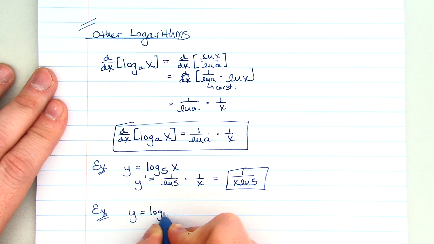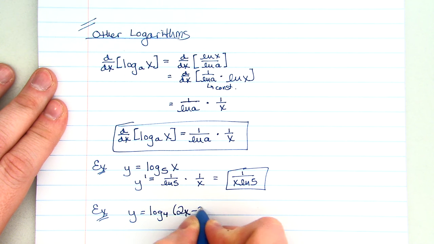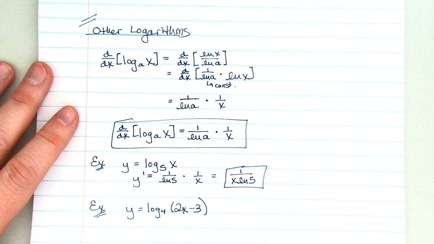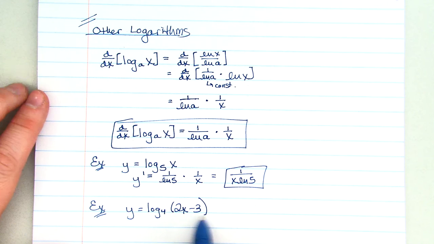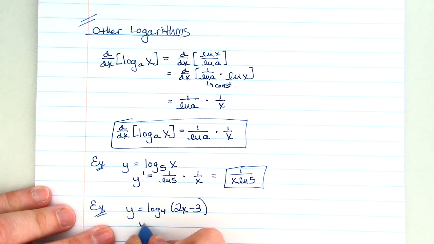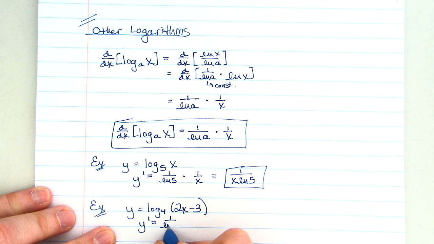Y equals log base 4 of 2x minus 3, a little more involved. What rule will you have to use to be able to find the derivative here? Hope you said chain rule because there's something inside. Let's start by doing the derivative of log base 4. Derivative of log base 4 is 1 over the natural log of 4 times 1 over the thing inside.